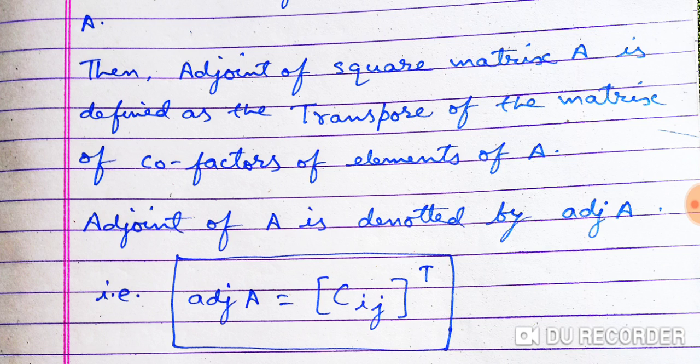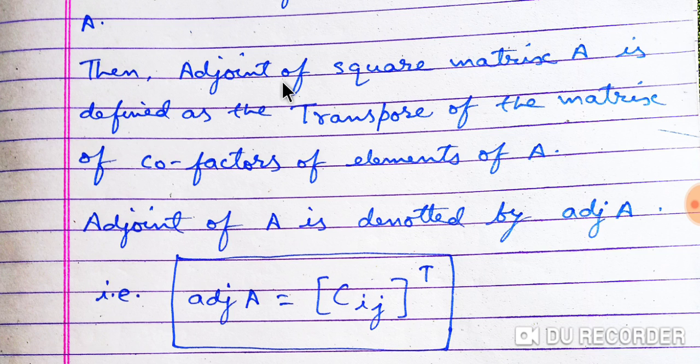Now we have to make a matrix having these cofactors as its elements, and then interchange its rows and columns.